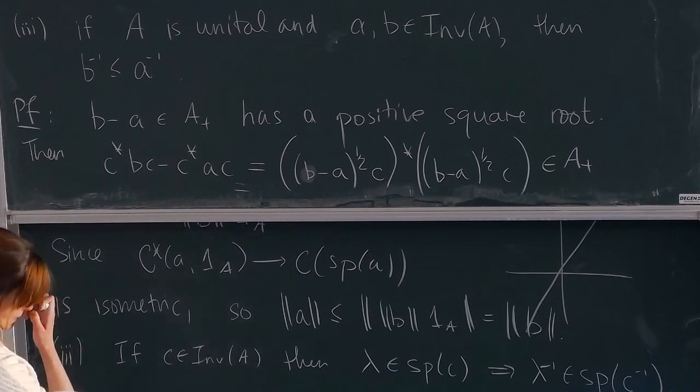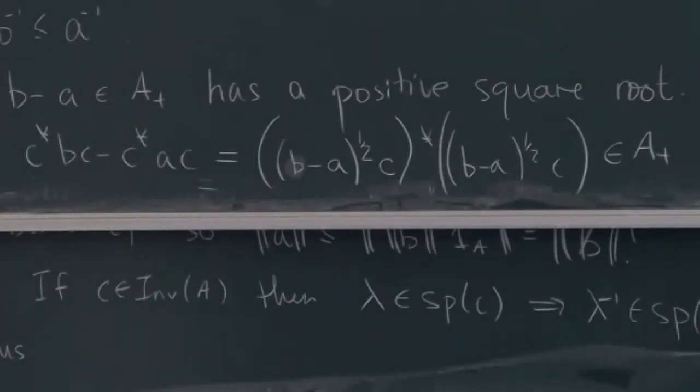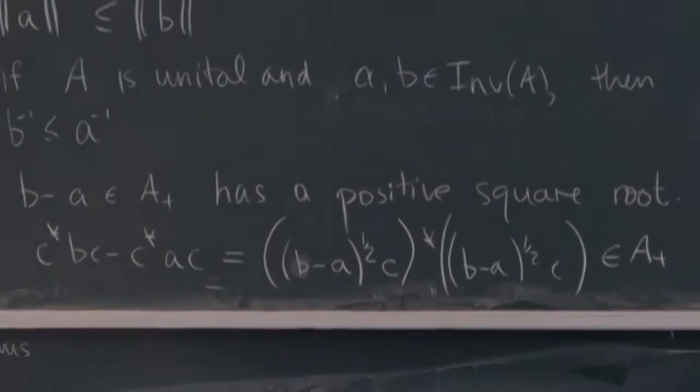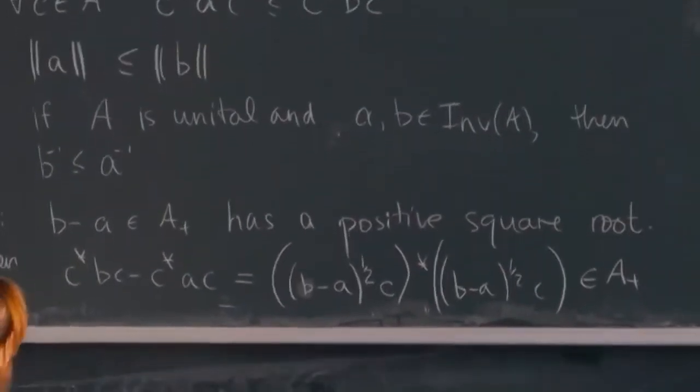So in particular, A inverse and B inverse are again self-adjoint.